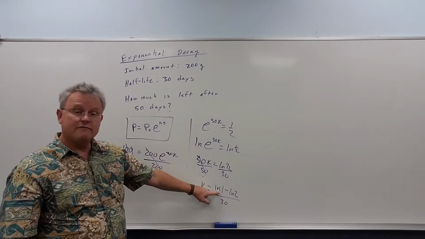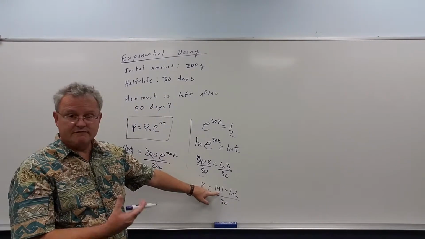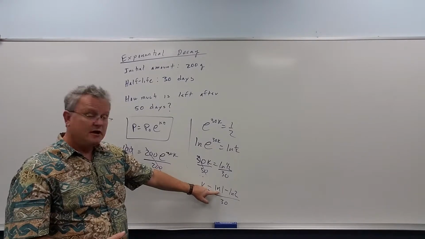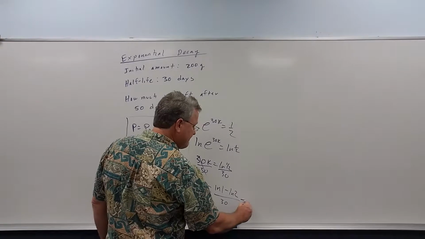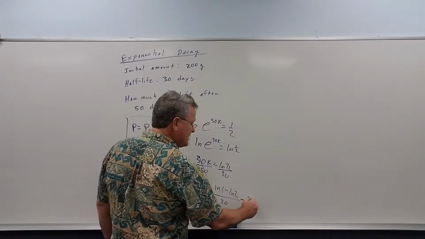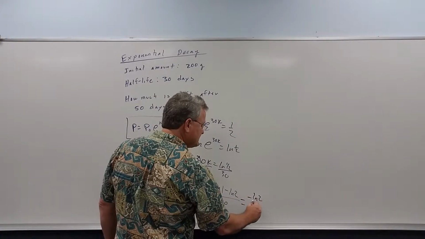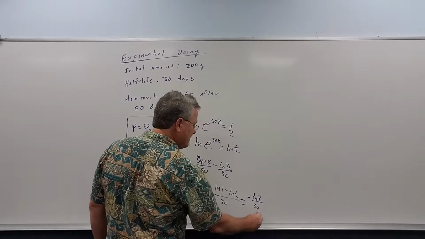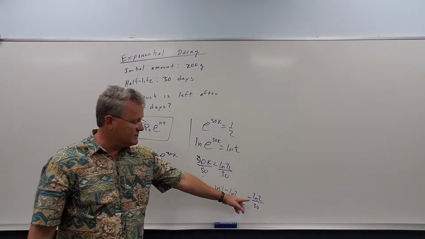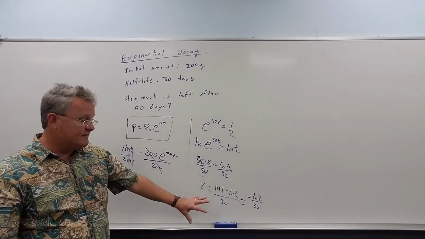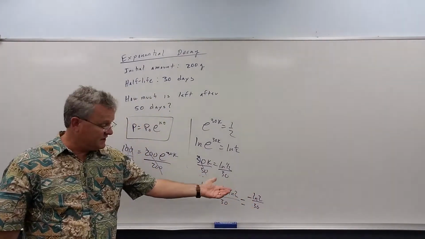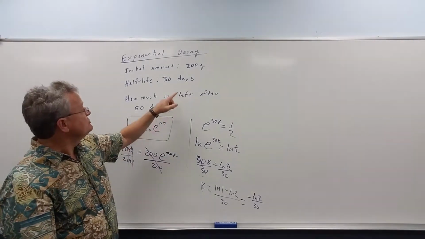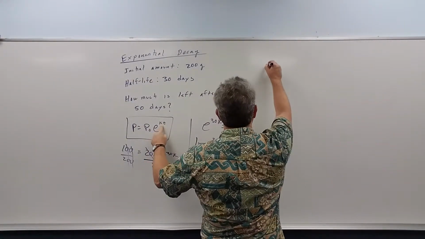Well, the natural log of 1 is 0. You can verify that a few different ways, but if you plug it in your calculator, you'll see. So this simplifies to 0 minus ln of 2, which is negative ln 2 over 30. So that's the value I'm going to use for k. Again, this does not simplify to, like, ln 2 over 15. That's our answer.